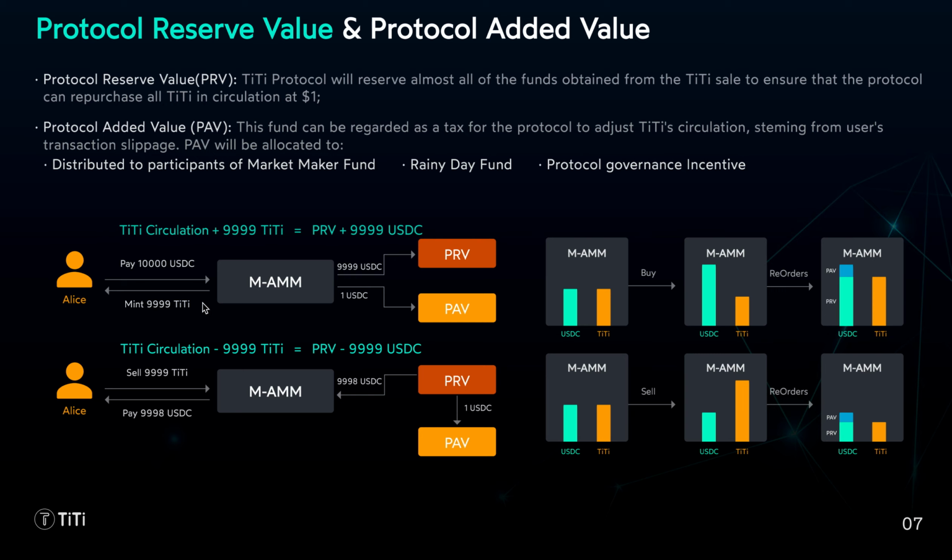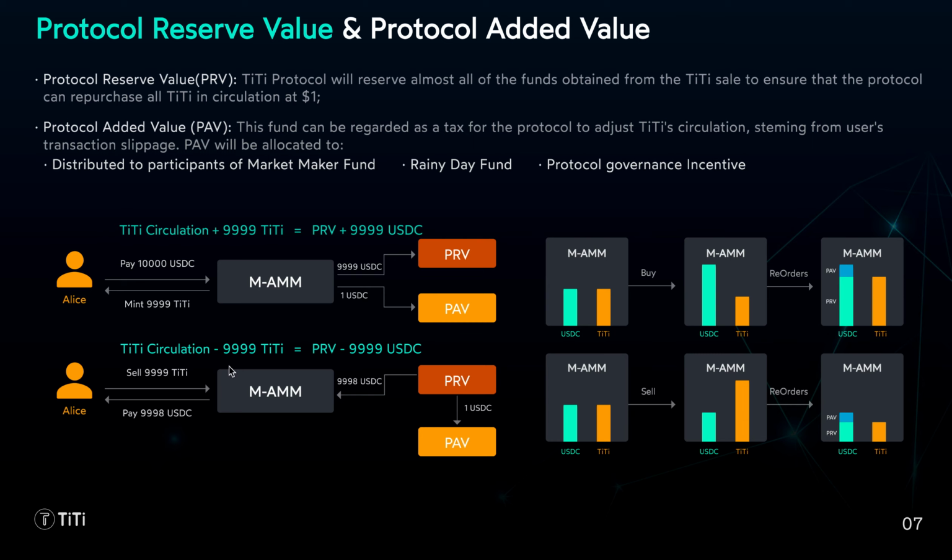The protocol received 10k USDC, of which 9,999 USDC flows to PRV, used to buy back part of the circulated TT, and the remaining 1 USD is allocated to PAV for future distribution.